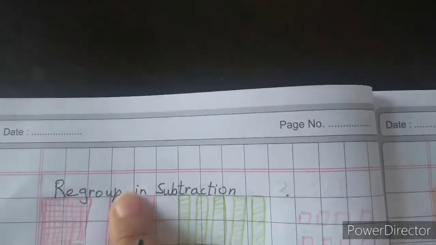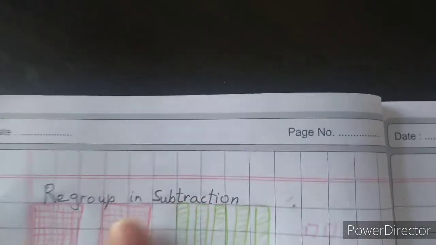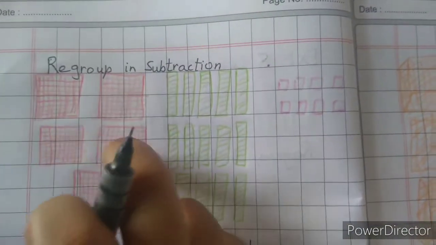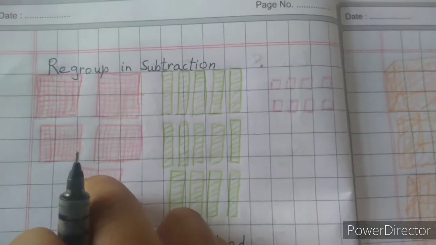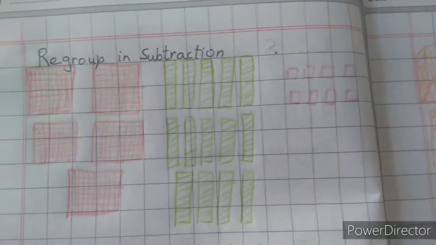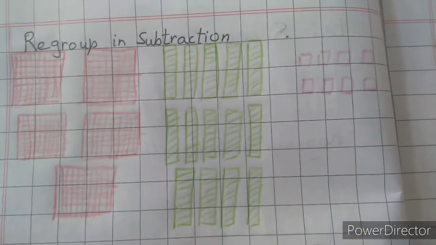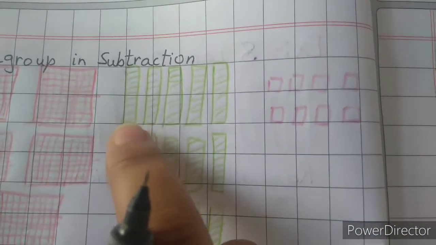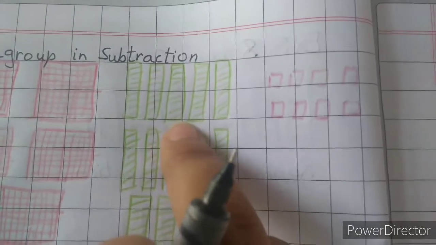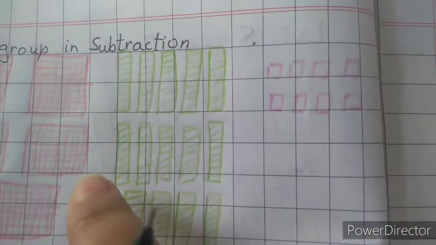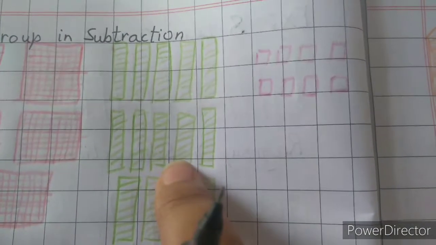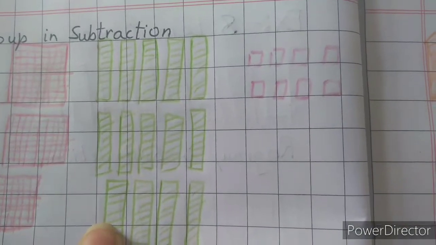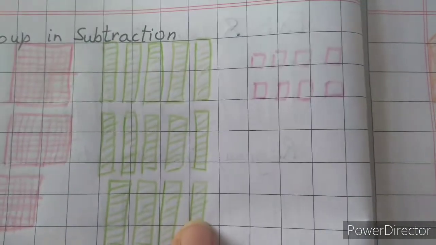Now, when we regroup it for subtraction, how many hundreds will be left here? 1, 2, 3, 4, 5, only 500. And I told you earlier that 100 is equal to how many tens? 10 tens. So here we will make 10 bars of tens: 1, 2, 3, 4, 5, 6, 7, 8, 9, 10. And 4 it already had: 1, 2, 3, 4.